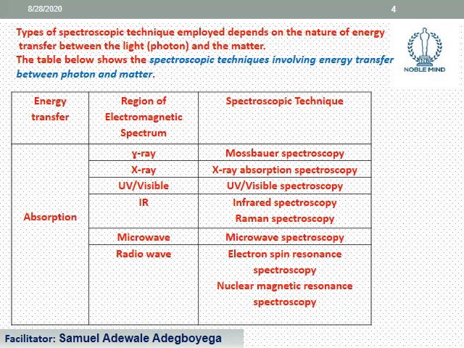For infrared, you have infrared spectroscopy as well as Raman spectroscopy. In the microwave, you have microwave spectroscopy. Then in the radio waves, which we shall be talking about later, we have electron paramagnetic resonance, also known as electron spin resonance spectroscopy. Then we have our interest topic, nuclear magnetic resonance spectroscopy.